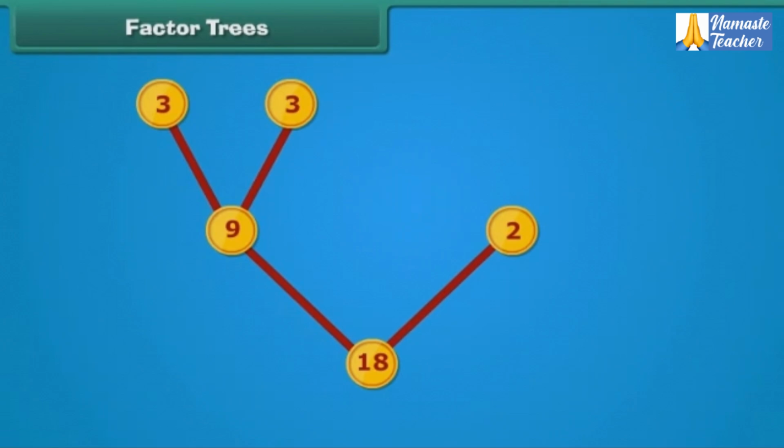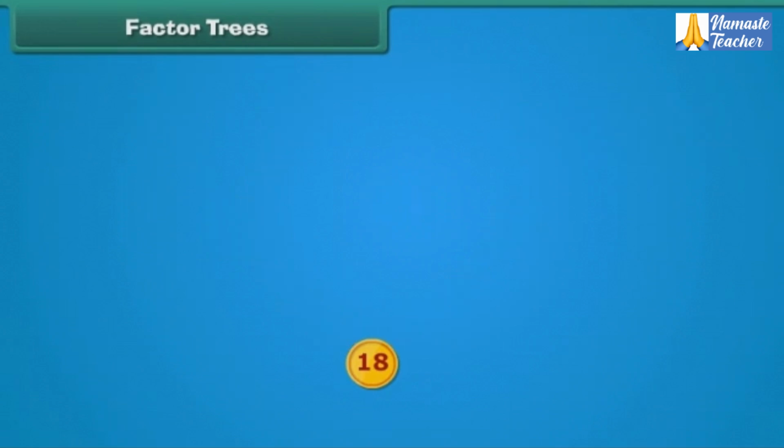We can write 18 as the product of 3, 3 and 2. 18 can also be expressed as the product of 6 and 3. We draw two branches from 18.